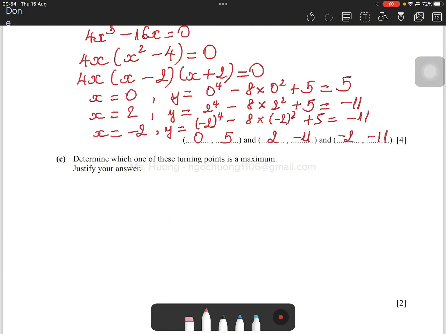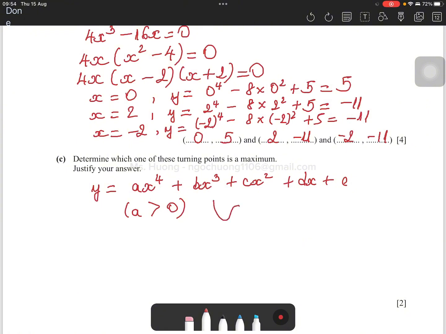C. Determine which one of these turning points is a maximum. Justify your answer. You know that if y is equal to ax to the power 4 plus bx cubed plus cx squared plus dx plus e, and if a is a positive number, then the graph will be like this.